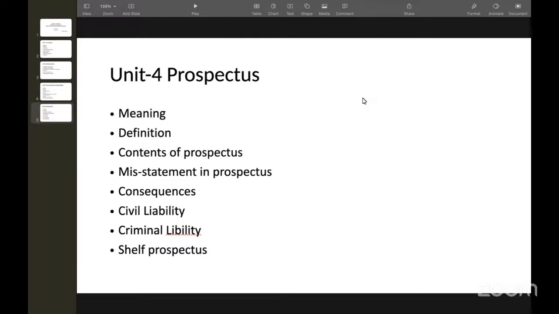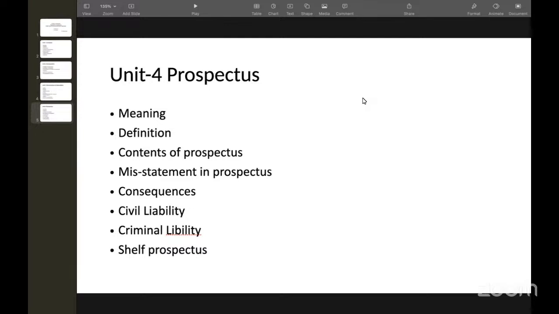Definition of the shelf prospectus is as per Section 31 of the Companies Act 2013. A shelf prospectus is issued by a company intending to offer securities to the public over a period of time, typically up to 1 year.